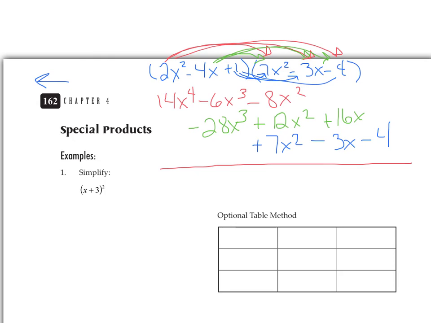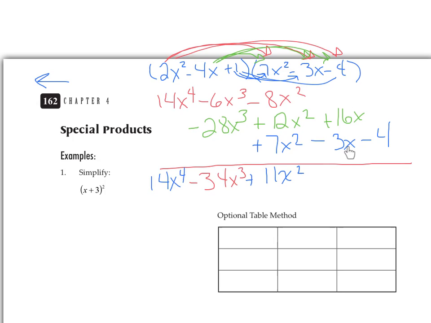I'm going to have 14x to the fourth, negative 6 and negative 28 make negative 34x cubed. I've got a negative 8 here, a positive 12, and a positive 7. It doesn't matter what order you add them in. You can add the positives together. 12 and 7 make 19, and subtract the 8 gives you positive 11x squared.